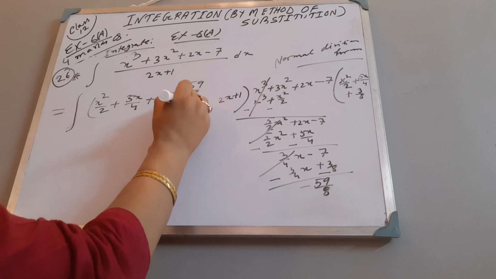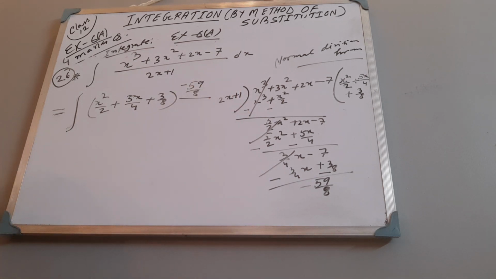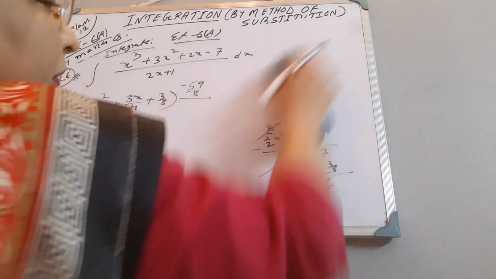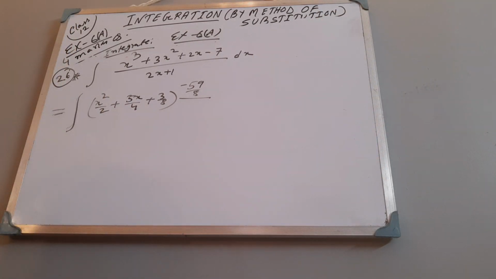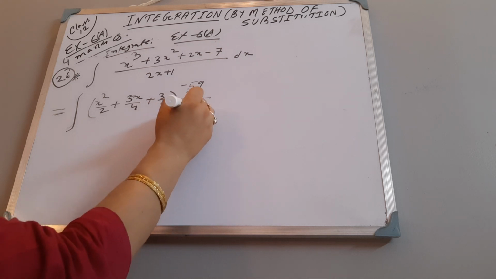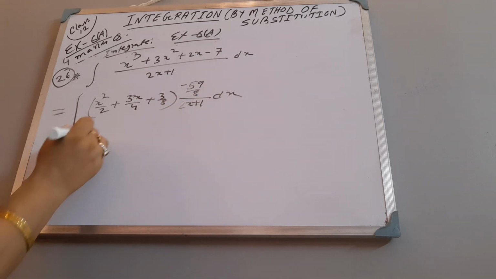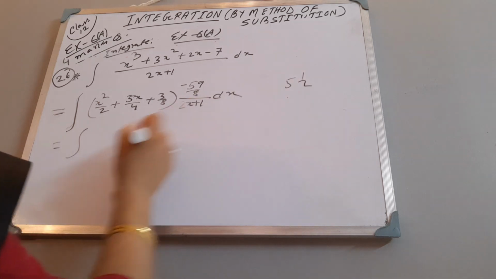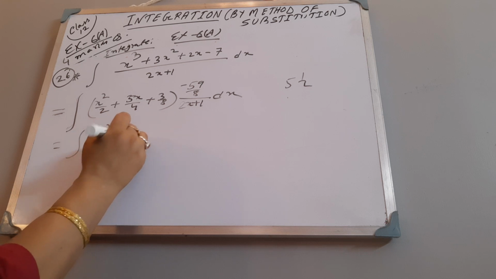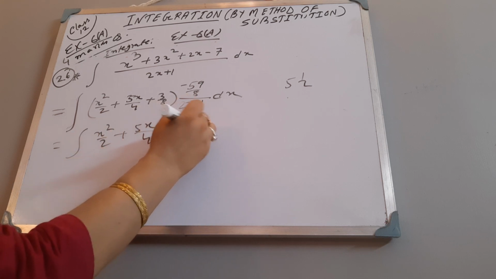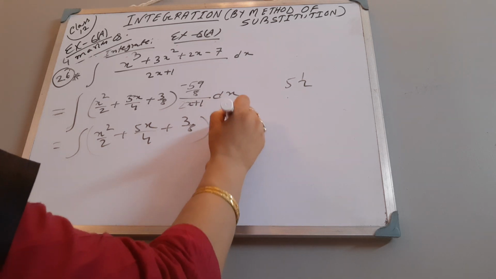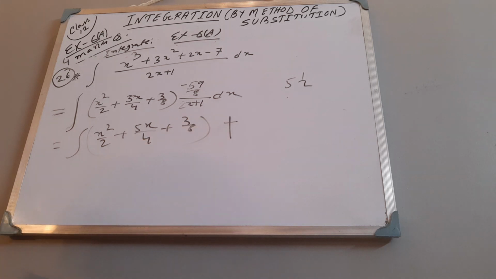Then minus 59 by 8 divided by 2x plus 1. So what did I say? When this type of expression is written, like 5 and a half is written as 5 plus half, so the integral of x square by 2 plus 5x by 4 plus 3 by 8 dx, plus this one.